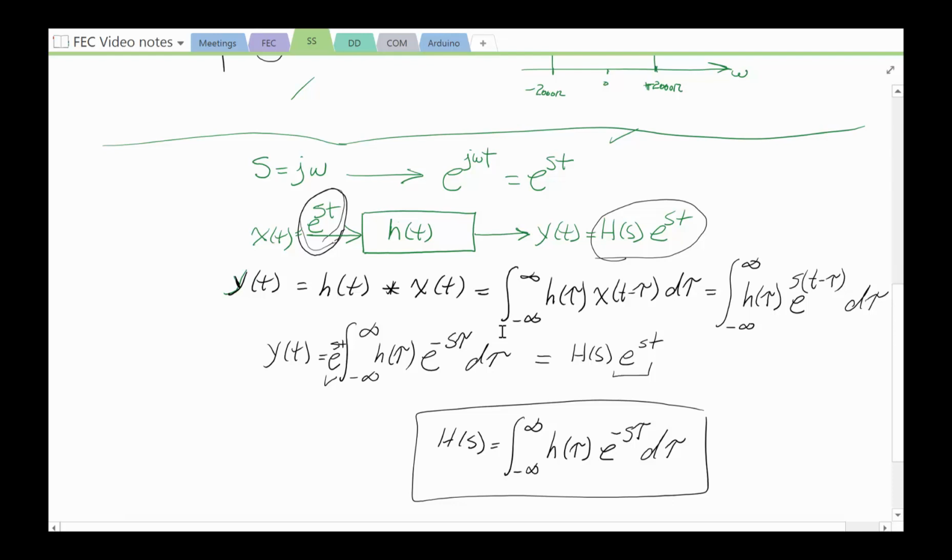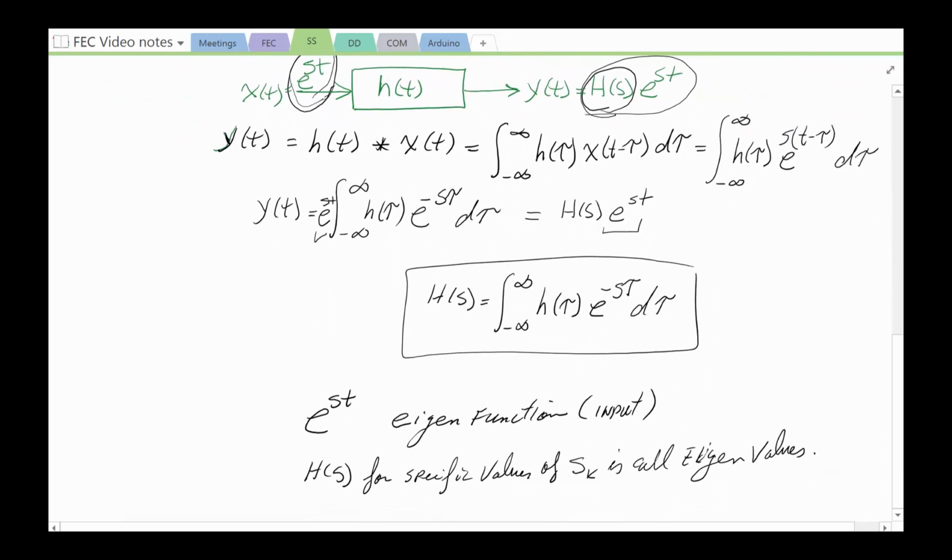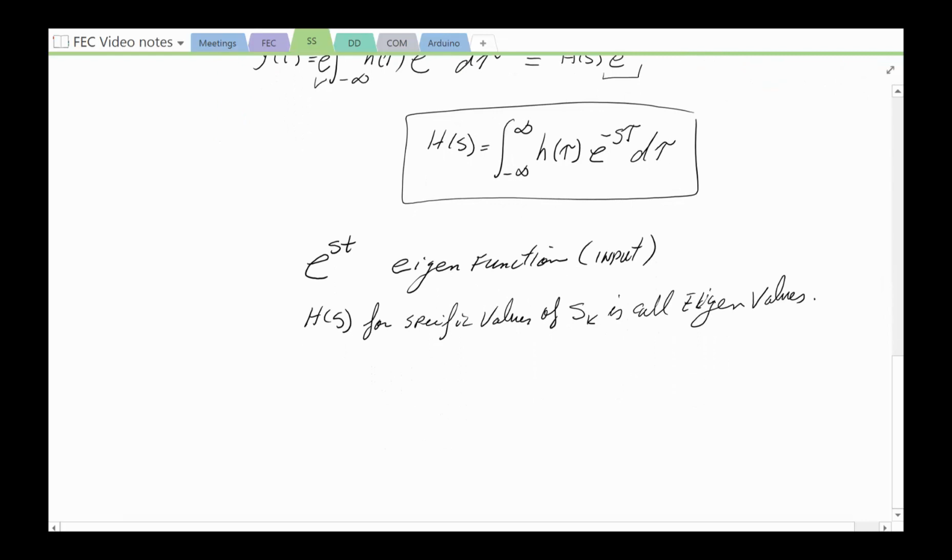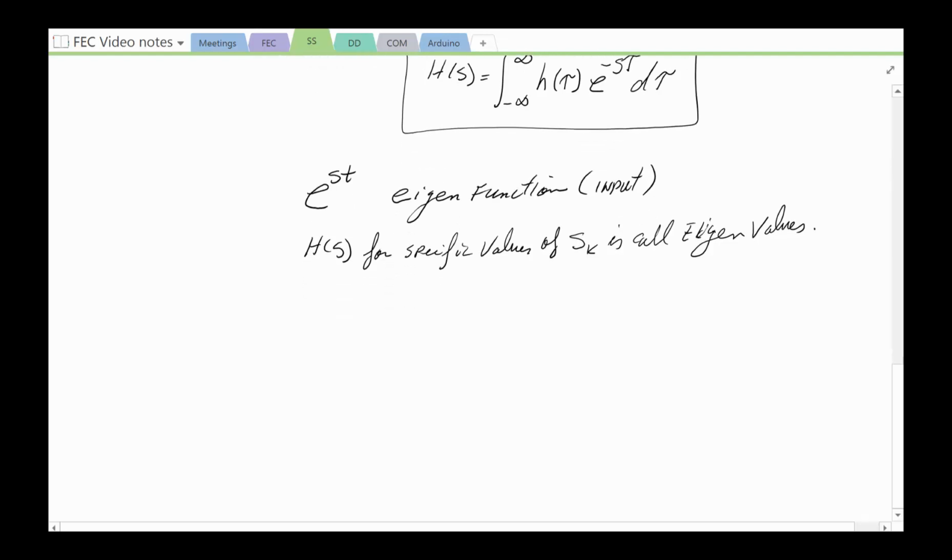Then I can simply run it through h of t, and we're able to come up with h of s times e to the st. And we found out what h of s has to be to make that work. We had a couple of definitions there, and for the eigenvalue and the eigenfunction, just for completeness, we covered those.